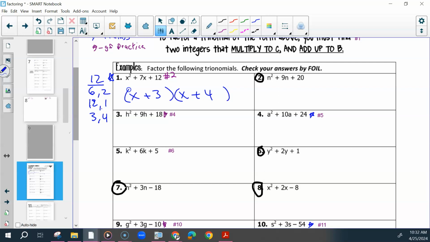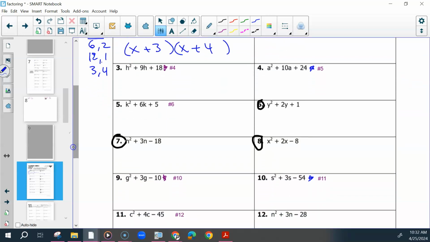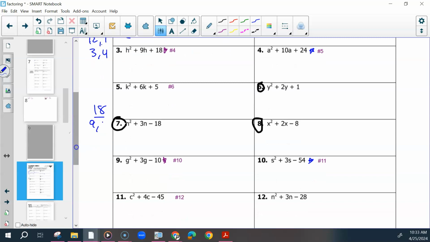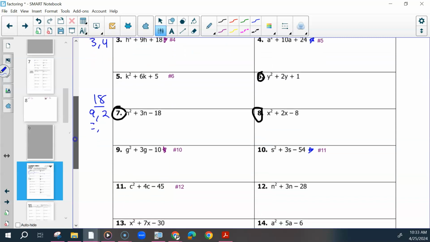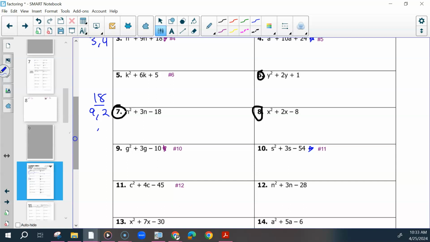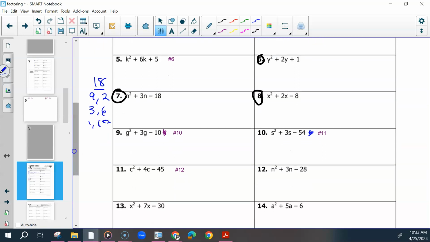Do another one, and then you guys can choose. So look at number 7. Here we have a negative 18. Still find factors of 18. What times what will give us 18? 9 and 2. 3 and 6. 1 and 18. Because it's a negative 18, one of these has to be negative.